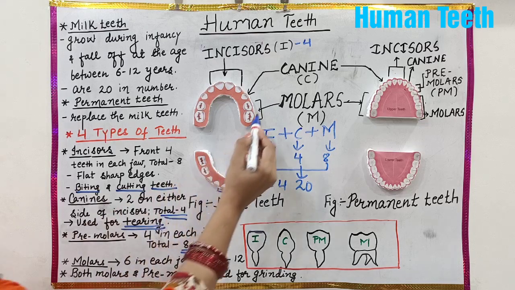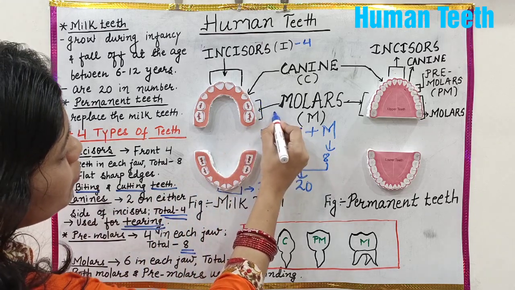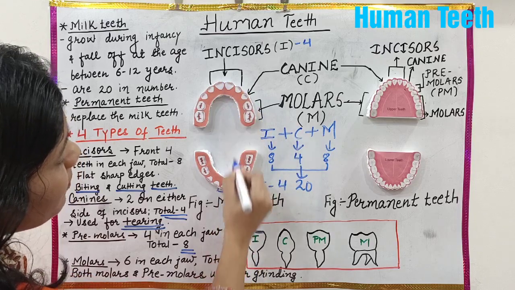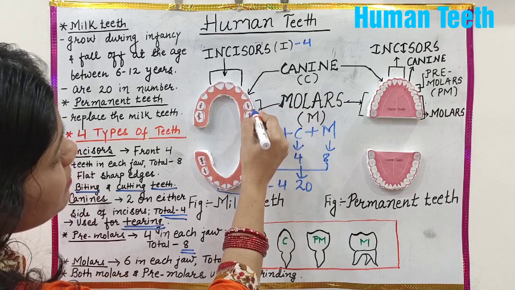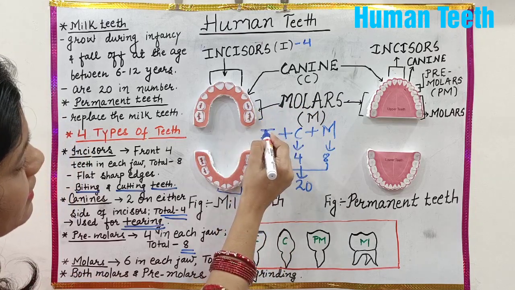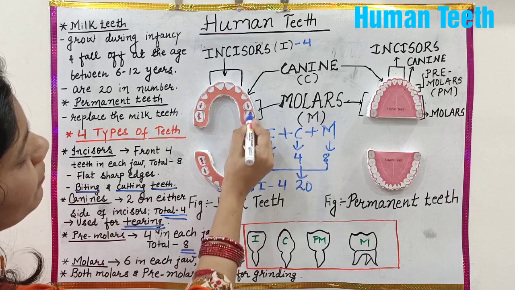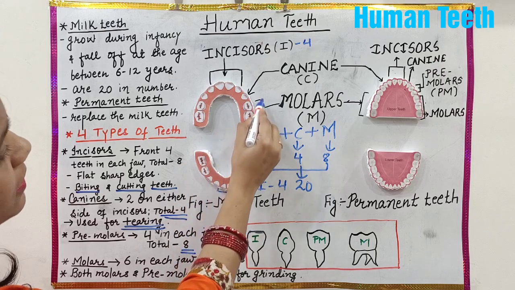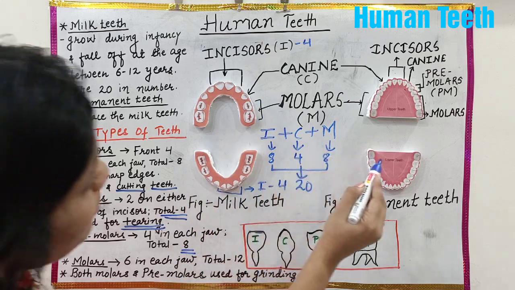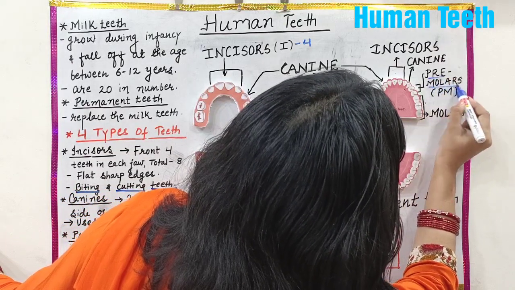Actually, you might have seen that in the milk teeth there are two molars on either side of the upper and lower jaw. Actually, these molars are replaced by the premolars in adults. It means that when these molars fall off, in place of them in the permanent set of teeth, the premolars come. It means adults are having two premolars.